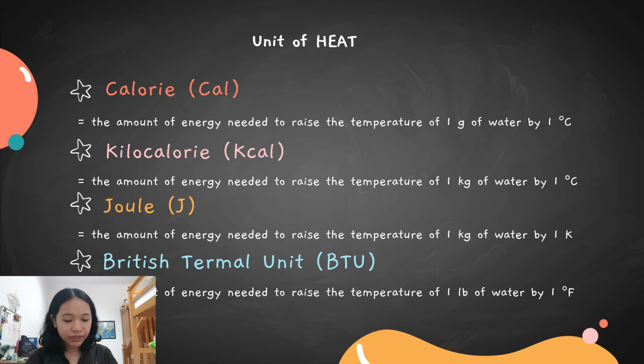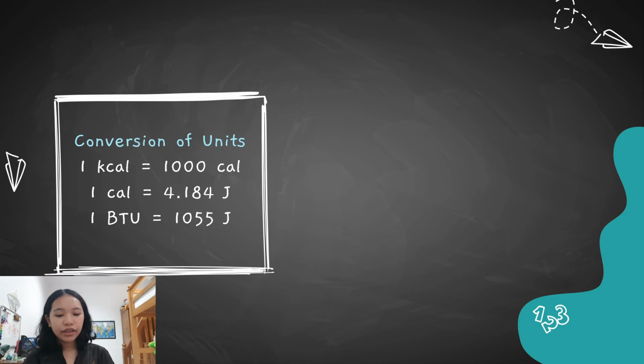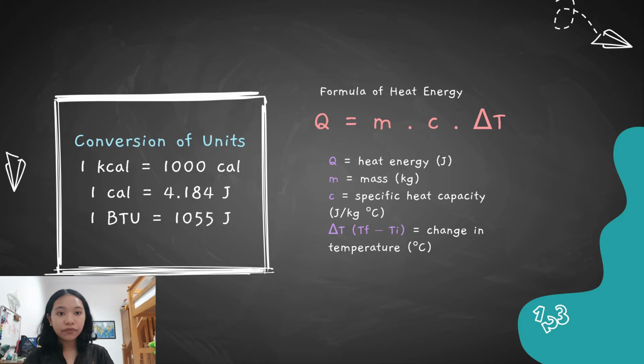It is the amount of energy needed to raise the temperature of 1 pound of water by 1 degree Fahrenheit. Now we're gonna head into the conversion of units. So 1 kilocalorie equals 1000 calories, 1 calorie equals 4.184 joules, and 1 BTU equals 1055 joules.